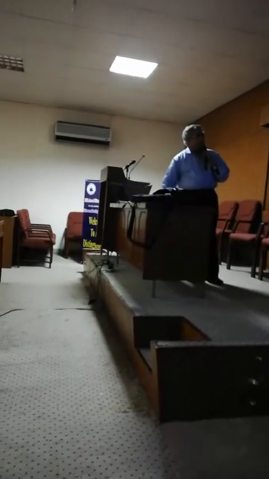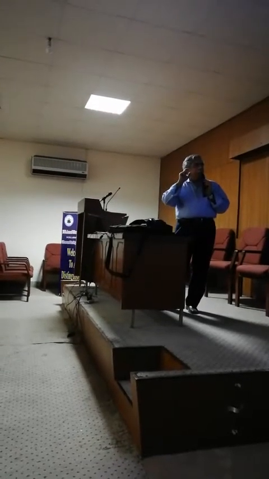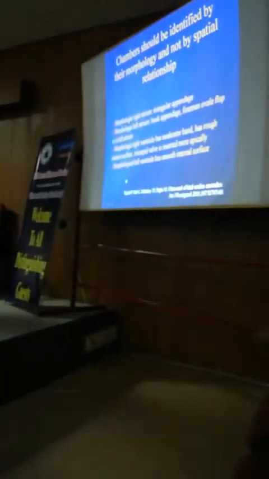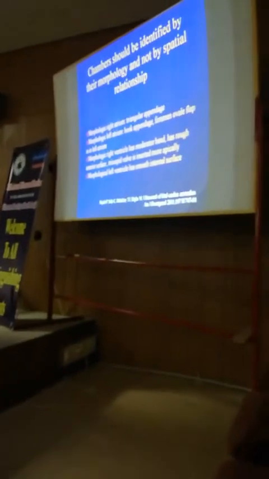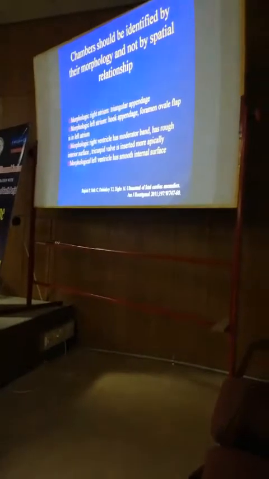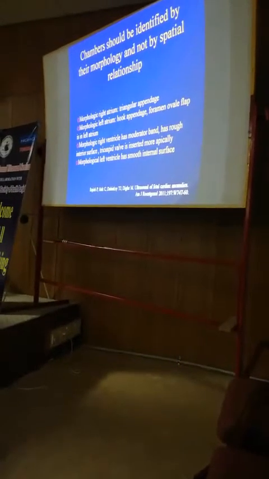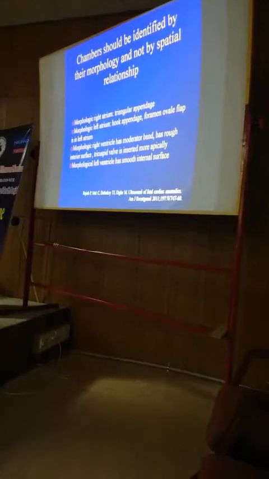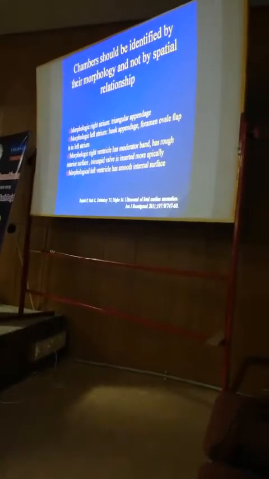But there is a detail here. And the detail is that they are not identifying their chambers according to their location within the chest. They're not looking at the spatial orientation of the chambers.